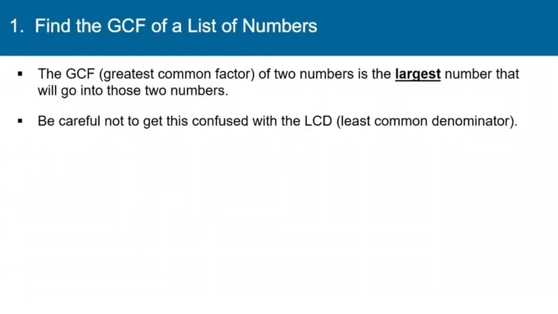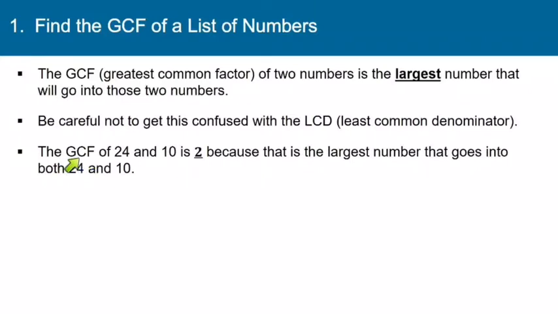Now be careful not to get the GCF mixed up with the LCD, which stands for least common denominator. The GCF, or the greatest common factor of 24 and 10, would be 2, because 2 is the largest number that can go into both 24 and 10.